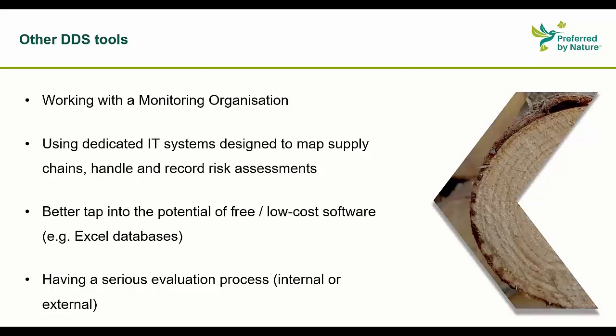And it allows also to upload supporting documentation and potentially to do the risk assessment and the risk mitigation actions in the system itself. So there are a few IT companies out there already offering this kind of due diligence IT-based systems. But again, you don't need to buy this kind of software. Excel databases work very well. So it depends on the scope of your company.